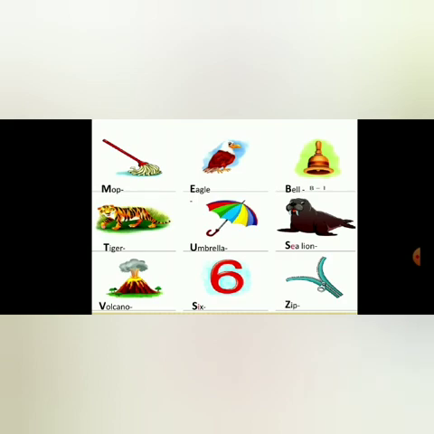Now here what will we do first? We will check the first letter. So in mop it is M, in eagle E, bell B, tiger T, umbrella U, sea lion S, volcano V, 6 S, zip Z. Now in the alphabet, which word will come first?